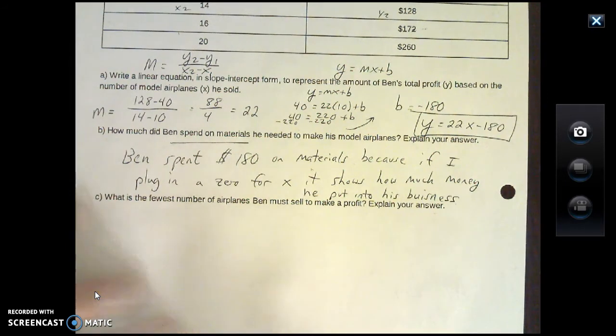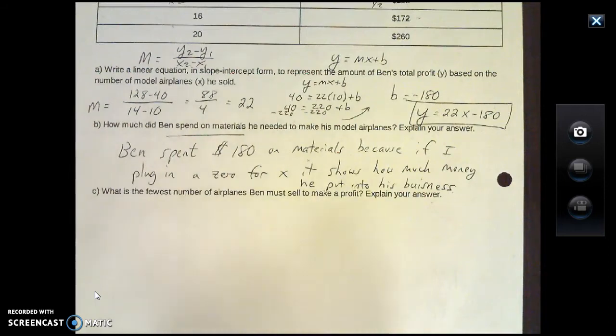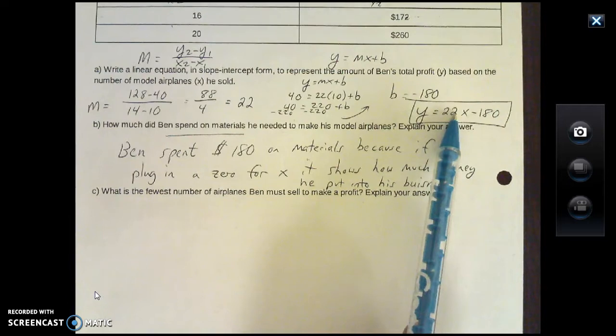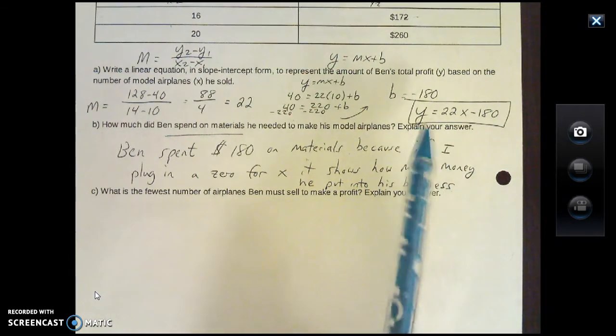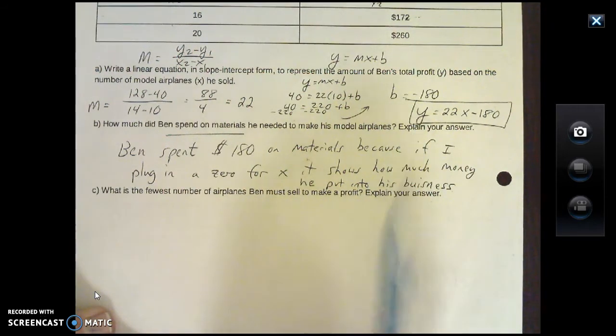High five. Okay. What is the fewest number of airplanes Ben must sell to make a profit? Explain your answer. Alright. Here's the thing. If you plug a 1 in up here, you're going to get a negative answer. If you plug a 2 in, you're going to get a negative answer. 3 in, 4 in. So in order for me to make profit, I have to break 0 for my y.